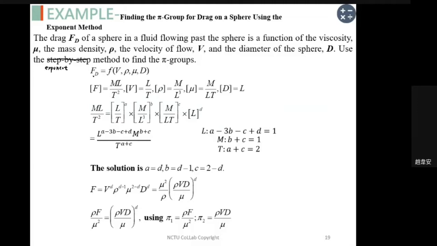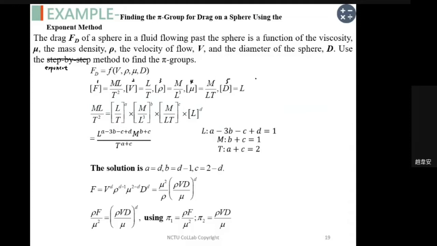The exercise tells us the drag force is a function of the velocity, density, viscosity, and diameter. So we list them: 1, 2, 3, 4, 5.